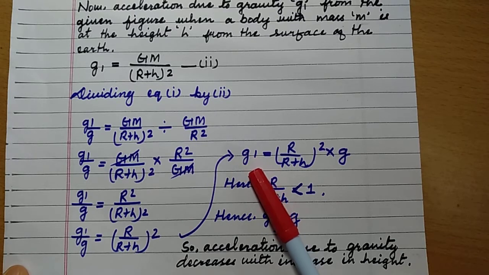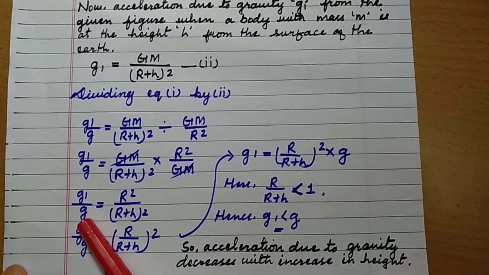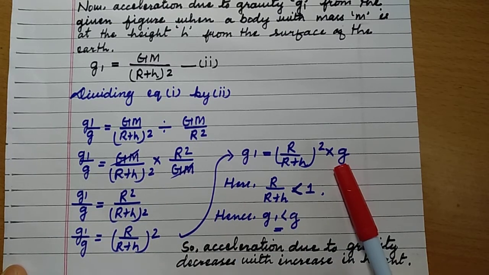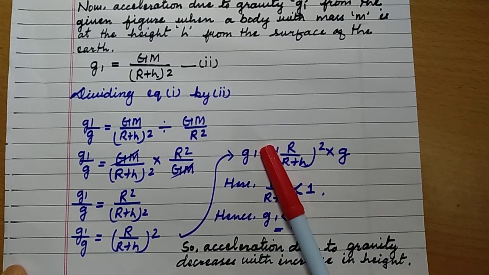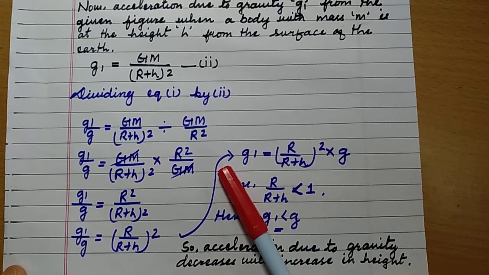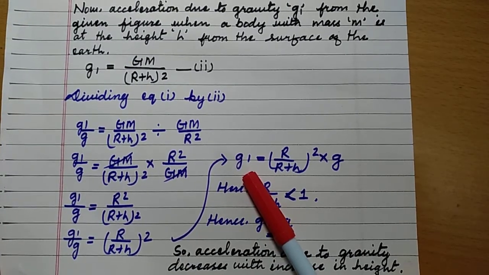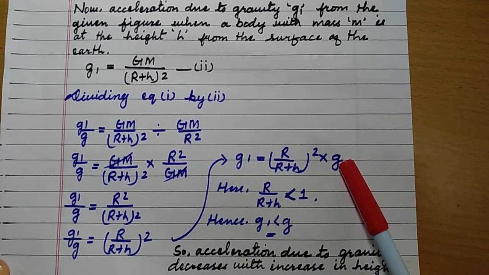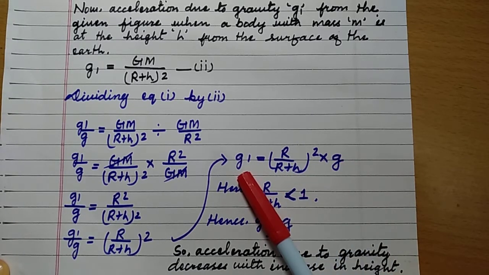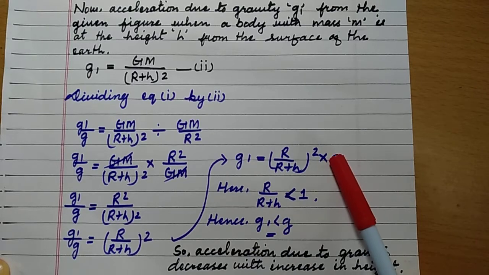Now next step, let's take this g to the right hand side so that you can find the value of g dash. g dash should be made alone on the left hand side. So g dash is equal to (R divided by R + H) whole square into g. g is being divided over here, and when it goes that side it becomes multiplication.